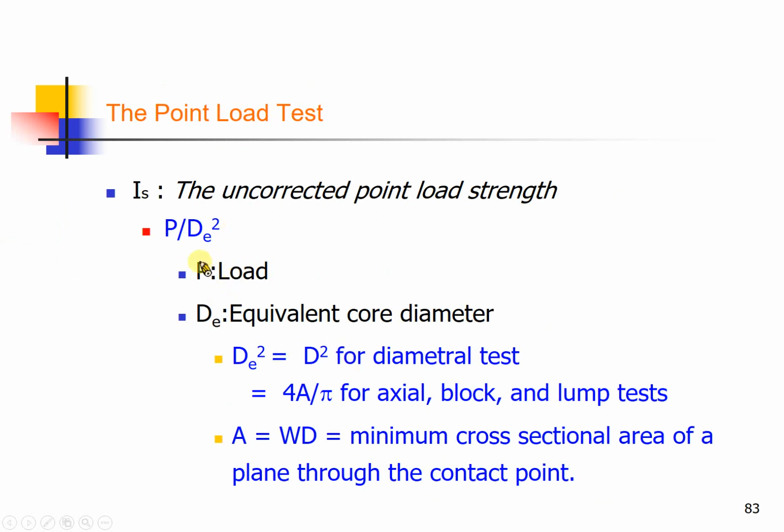This will mainly talk about the equivalent diameter. Because when we use the point load test, it will usually be very convenient to make the measurement in the field. If you have outcrops and rock blocks, or if you have a tunnel excavation, then you will have in situ blocks from the tunnel, fresh materials.